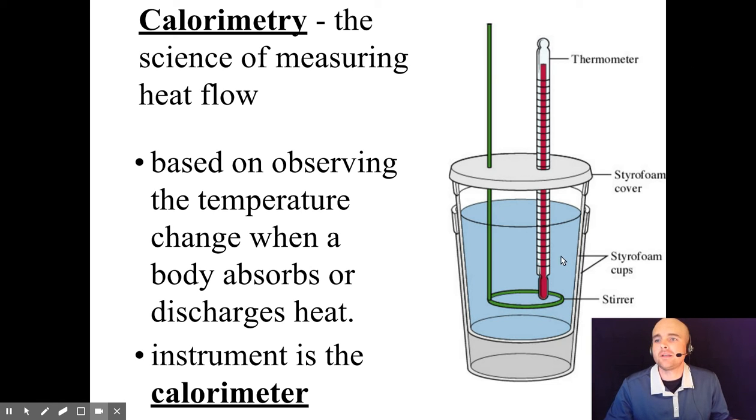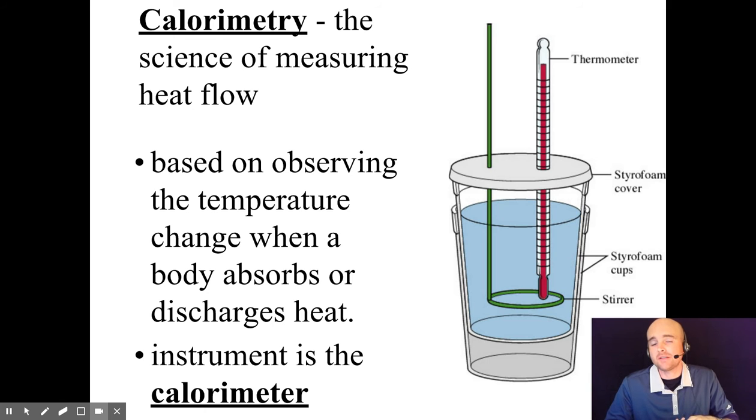So when a hot object is placed in cool water, we will actually heat up that water, and we can measure, using this thermometer, the change in the temperature of the water.